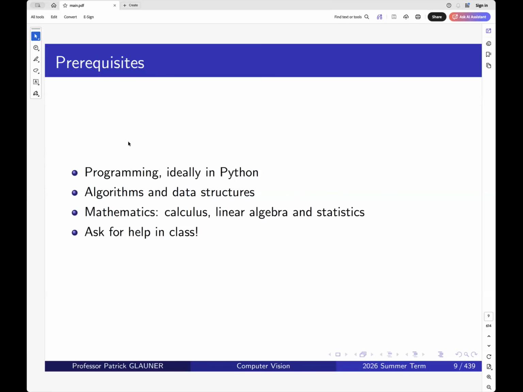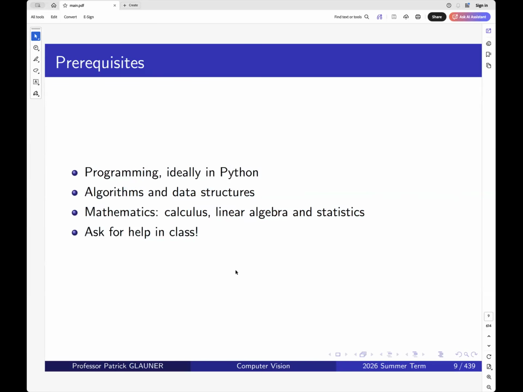And there will be a practical component in this course, so you need to know programming. Whatever language you pick, that's up to you. But a lot of examples that we will look at are written in Python, and I think that's the preferred language in this data science field. But you don't need to be a pro in Python. Mainly, this course is rooted in algorithms and mathematics, so this here is important.